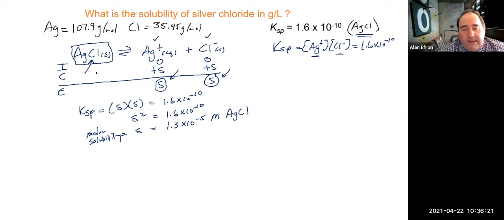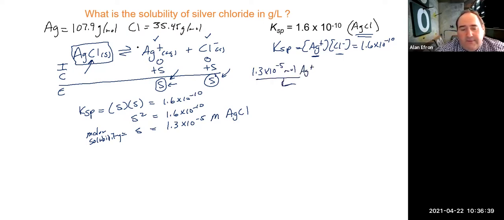Because if you just think about it, and we kind of went backwards. So for example, here, if we said, all right, I'm going to plug that number back into here. That means that for my silver ions, it's 1.3 times 10 to the minus 5 moles per liter of silver ions.